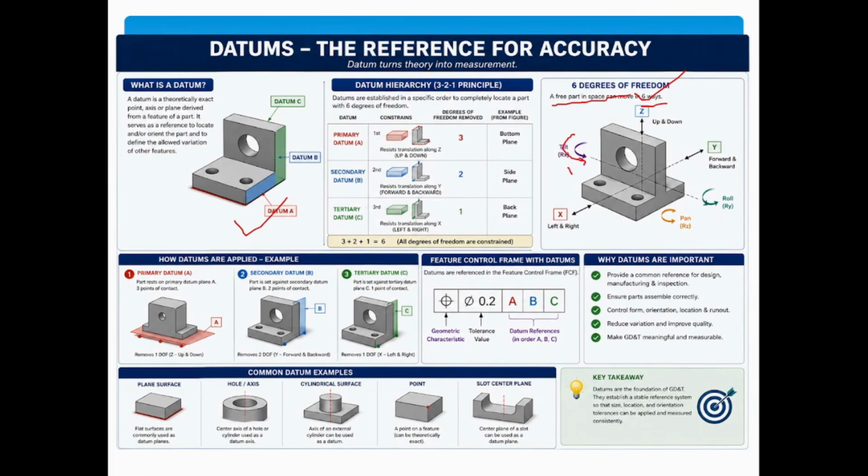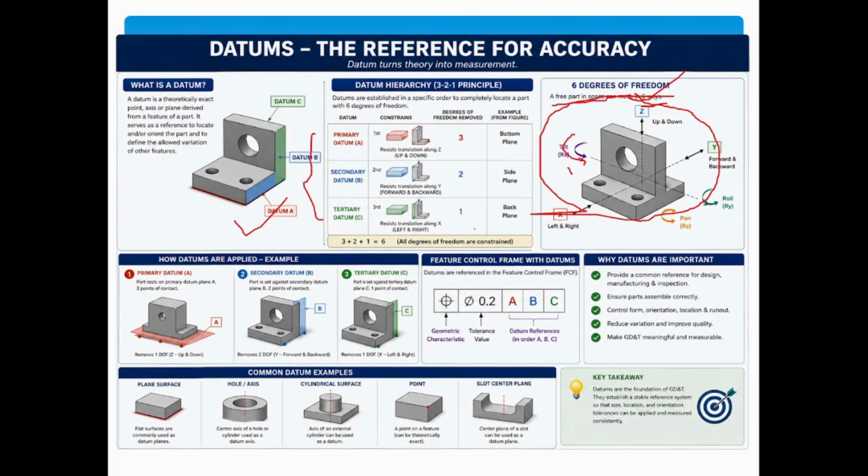In order to fix any object in space, we need to give a fixed value for these six constraints. So that's why three surfaces. If I fix the three surfaces, then we fix the object.